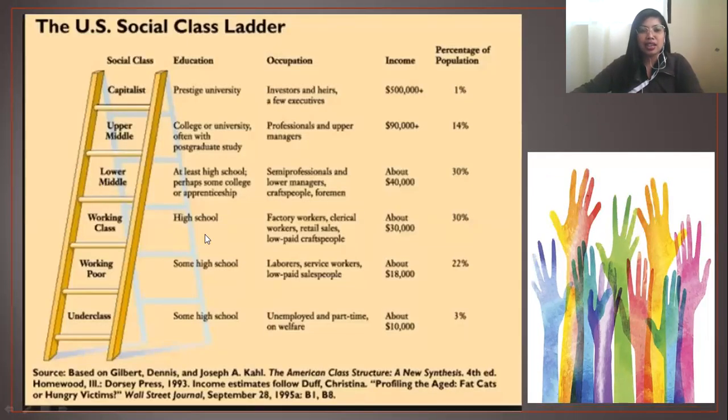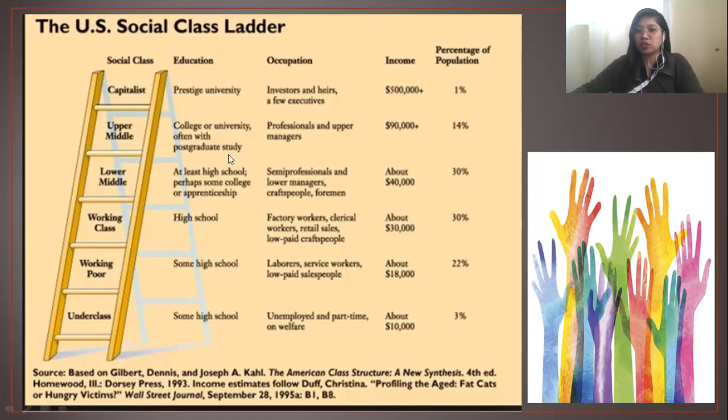Here is an example of the US social class ladder, wherein the social classes are the capitalist, the upper middle, the lower middle, the working class, the working poor, and the underclass. For educational attainment, the capitalists mostly graduated from prestigious universities. The upper middle usually graduate from college or university.